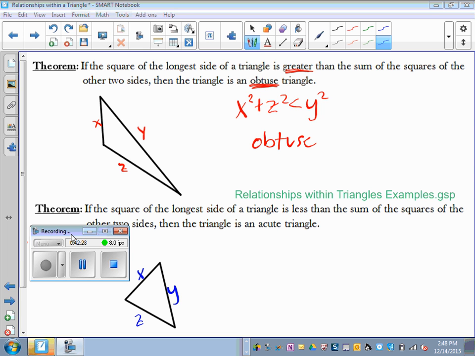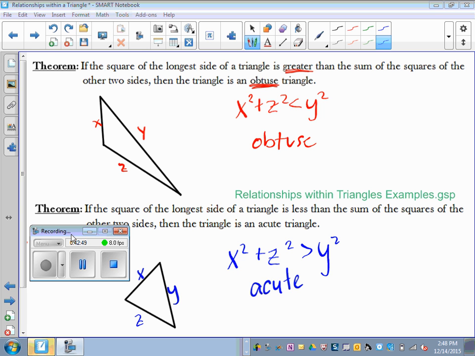Again, if the square of the longest side is less than the sum of the squares of the other two sides, then it is acute. So if your longest side squared is larger than the sum of the other two sides squared, obtuse. If it's less than, acute.